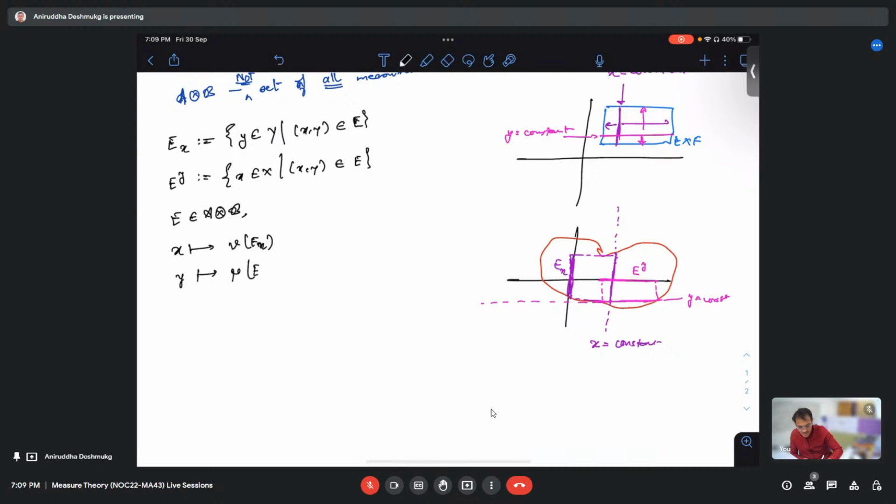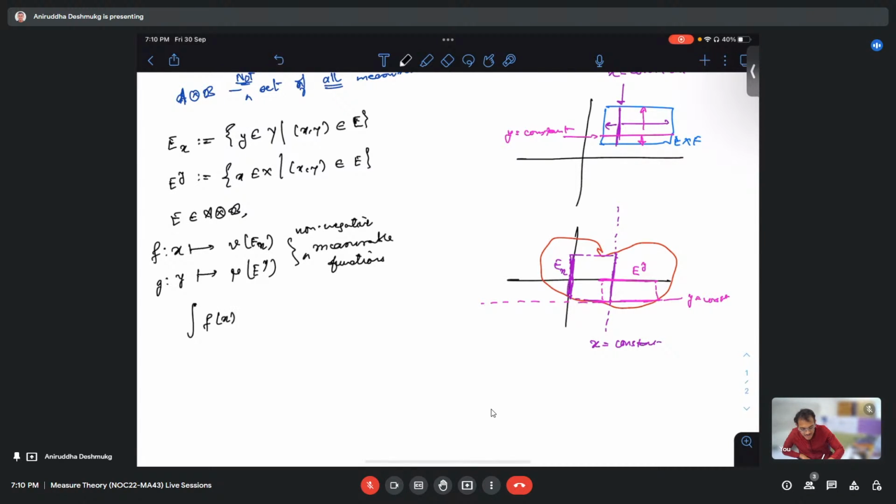So, these two functions are measurable functions. Moreover, they are non-negative by definition, so that is also not a problem. Non-negative measurable functions. And therefore, we can think of defining the integral of these functions. Suppose let me call this f and let me call this g.